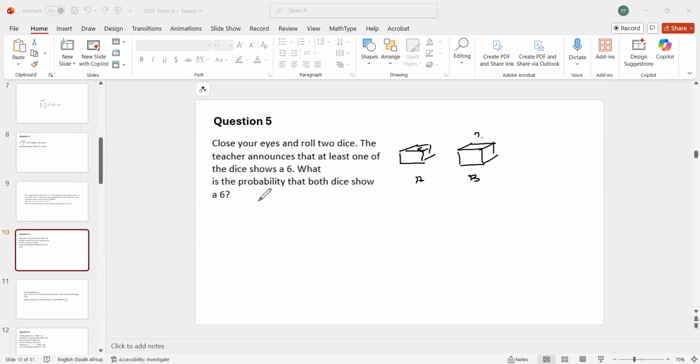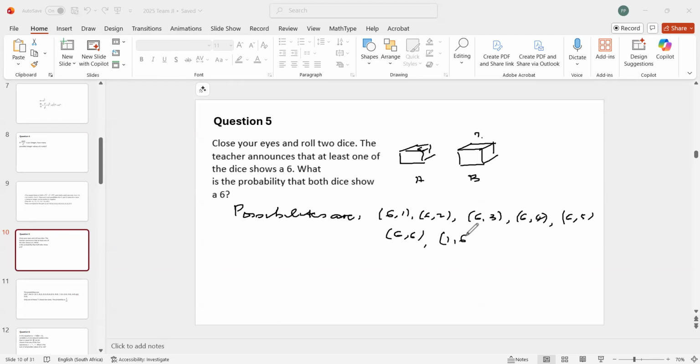So what are the possibilities having rolled these? So the possibilities are, okay, you could have 6-1, 6-2, 6-3. One of them is a 6, 6-6. If the first dice is 6, but bear in mind that the other dice could be 6.